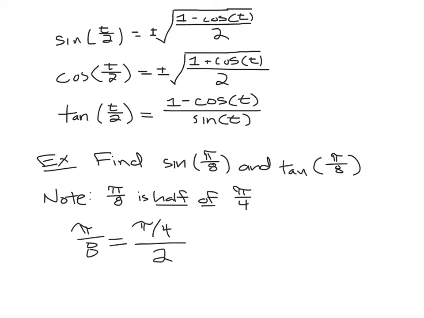And the idea being, we know what the sine, cosine, and tangent of pi over 4 are. We've known it for a long time. So if you look back up at the formulas, we're going to use those values to then figure out the sine and tangent of half of pi over 4, which is pi over 8.